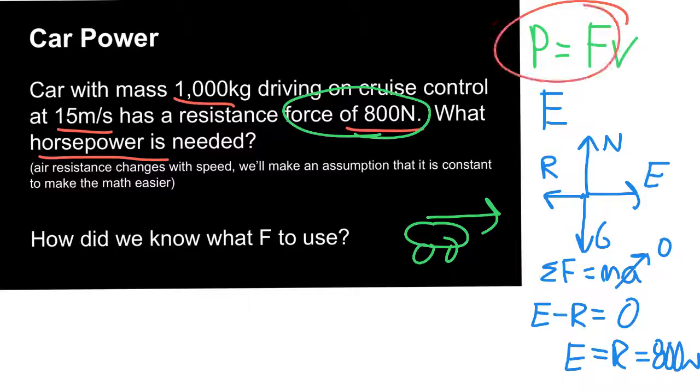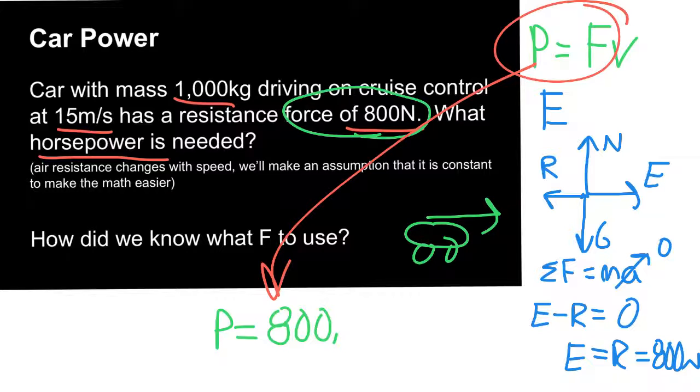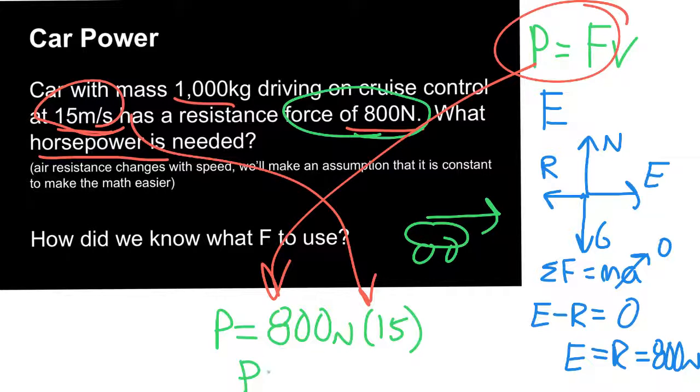So now we take our power equals FV. Power equals engine force, 800 newtons, times our velocity, 15 meters per second, and we get the power equal to 12,000 watts.